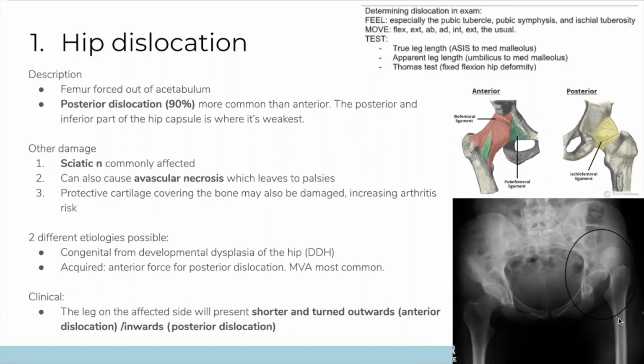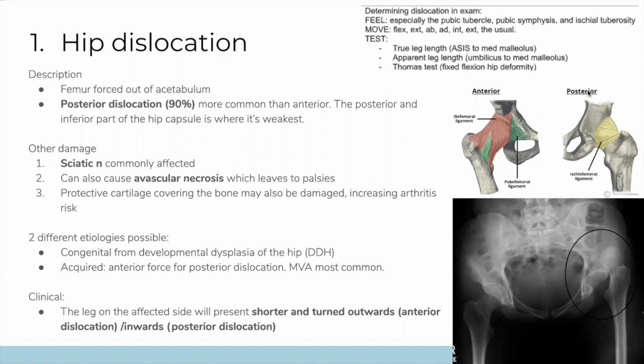And for clinical, a patient with a hip dislocation will often present with one leg being shorter and turned outwards or inwards, depending on what kind of dislocation they have, and that's a telltale sign of a hip dislocation. So have a look over here of how to determine it in an exam.